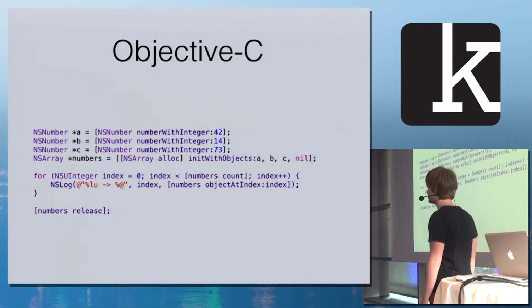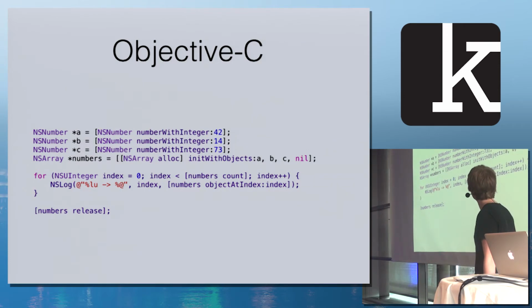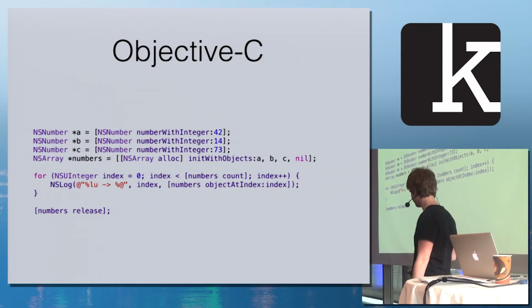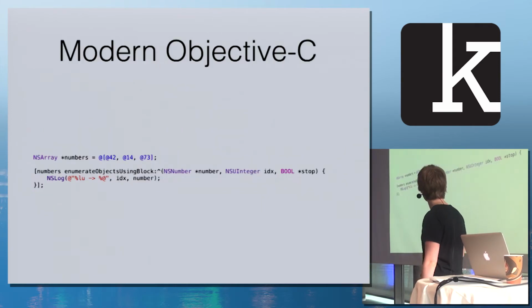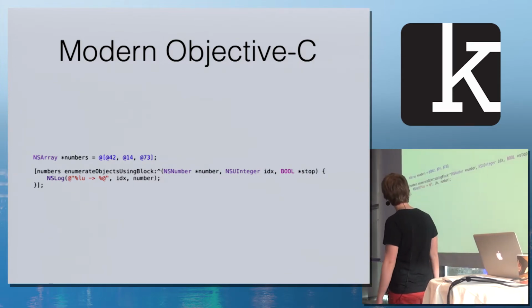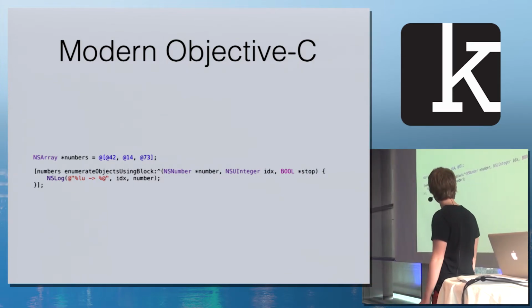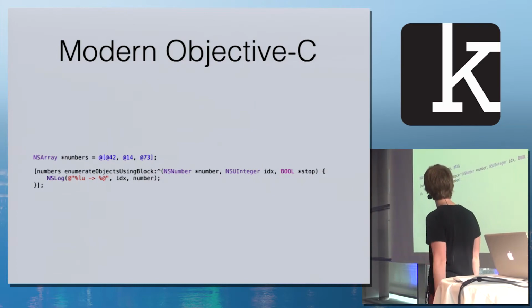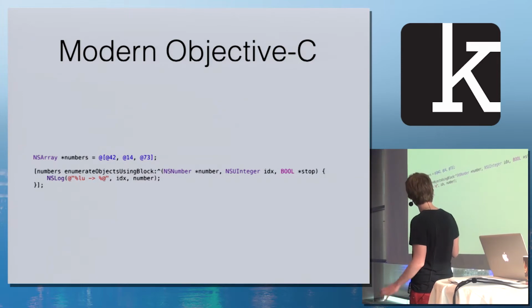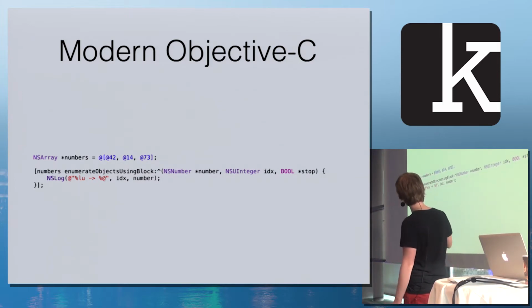But Apple is improving Objective-C every year. The language is improving, the compiler is improving, and the frameworks are improving. And this is how I would write it today. So as you see, we have array literals, we have object number literals, and I can iterate over it like an each method, and it's called enumerate objects using block.